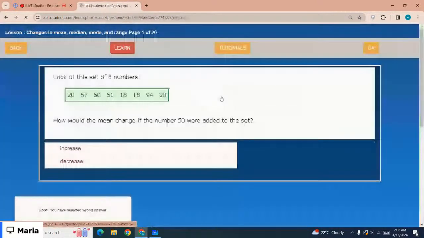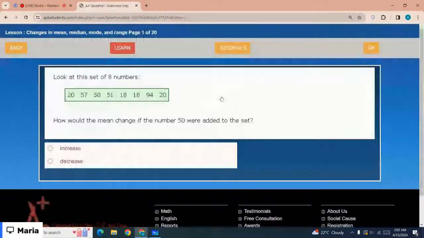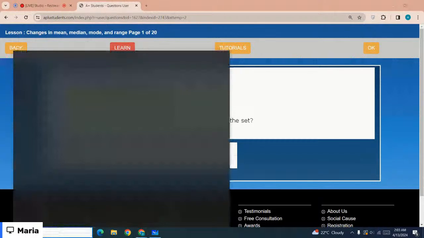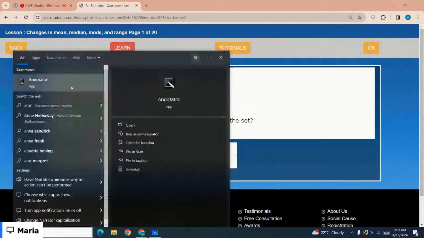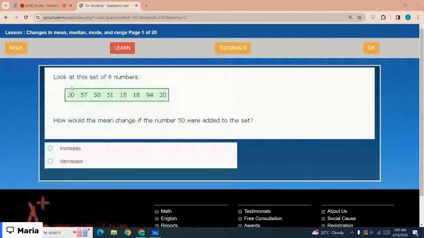Look at the set of 8 numbers. How would the mean change if the number 50 were added to the set, right? So you have to see how the mean changes. That's the one we did in the tutorial, right? First thing is you simply add the given numbers, and they are 8 in number, and divide the sum by 8. The mean of the given set is 41, right?